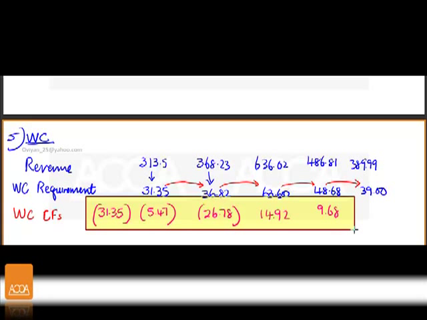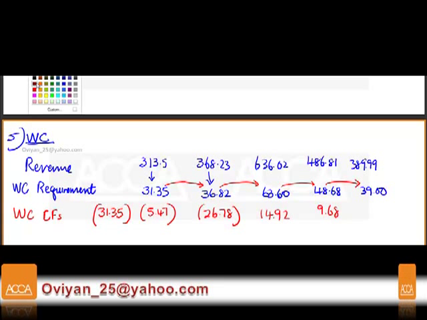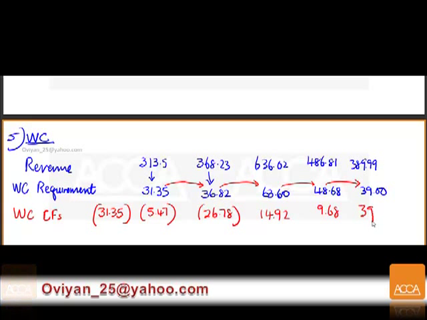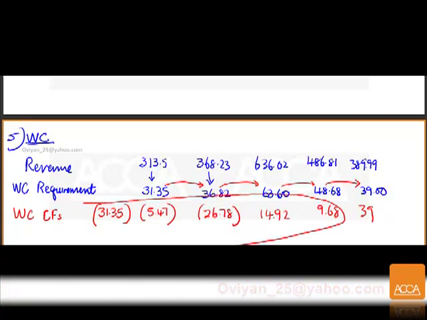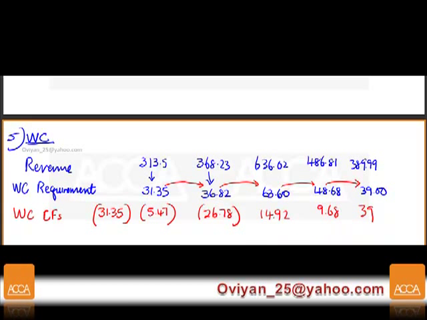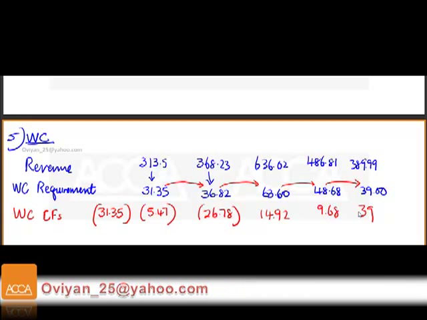The sum of all these figures, positive, negative, whatever, should give you exactly what? 39. Check. Just total up all these. In terms of negative, positive, you're going to get 39 here. That is going to be recovered in full, assuming it's recovered in full at the end of the project life.